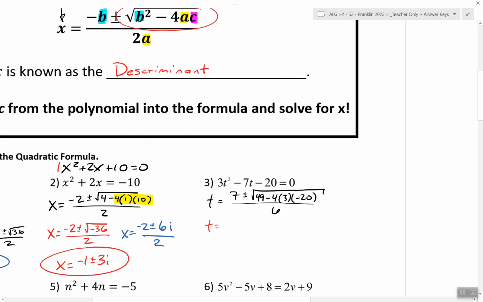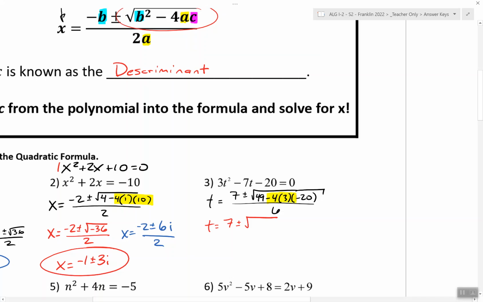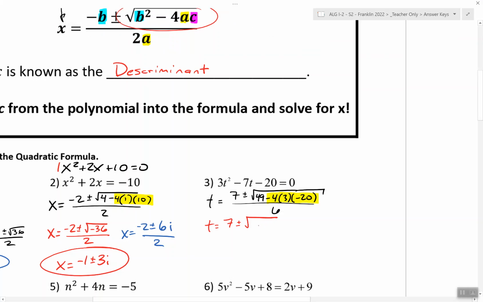So t equals 7 plus or minus the square root, now let's figure out what this is, negative 4 times 3 times negative 20. Well, that's positive 240. So in our square root here, we have 289, because those two negatives make a positive, so we have 49 plus 240, all over 6.